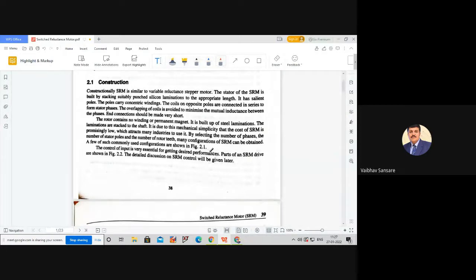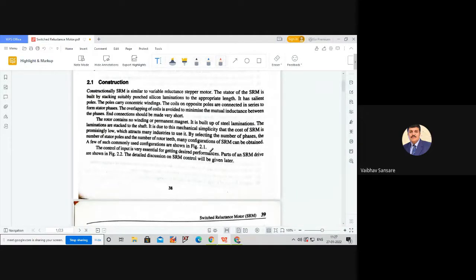The stator is made up of different stackings or laminations, suitably punched from silicon laminations of appropriate dimensions.